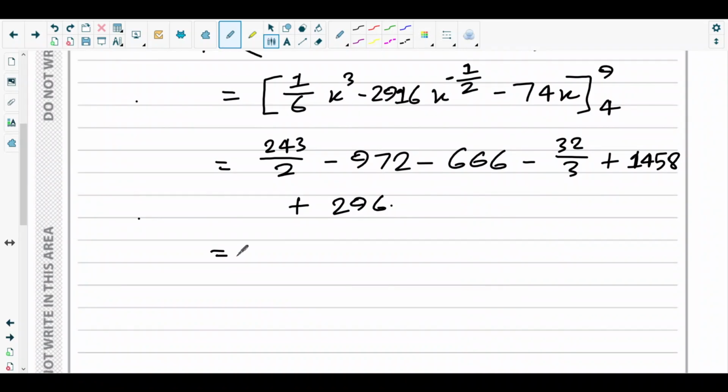Now just add, do the summation, and you will get the area between the curve and the x-axis. So 243 over 2 minus 972, minus 666, minus 32 over 3 plus 1458 plus 296.